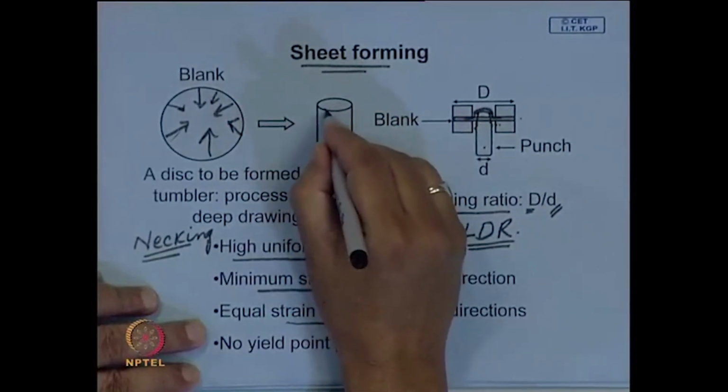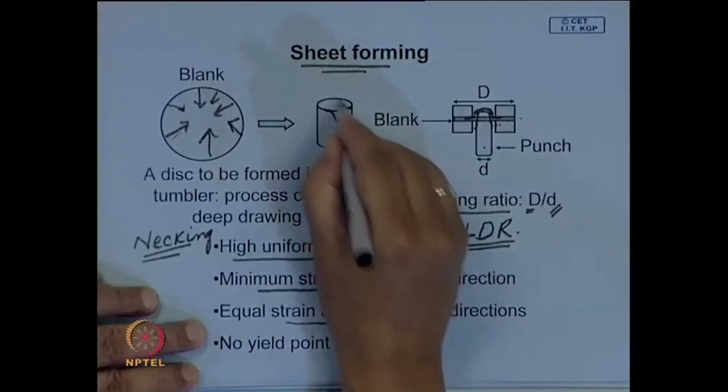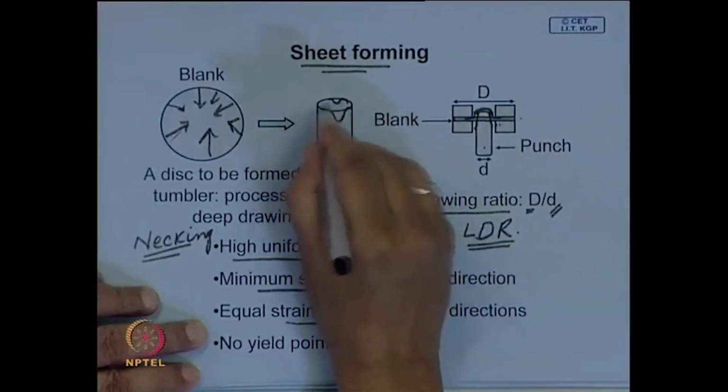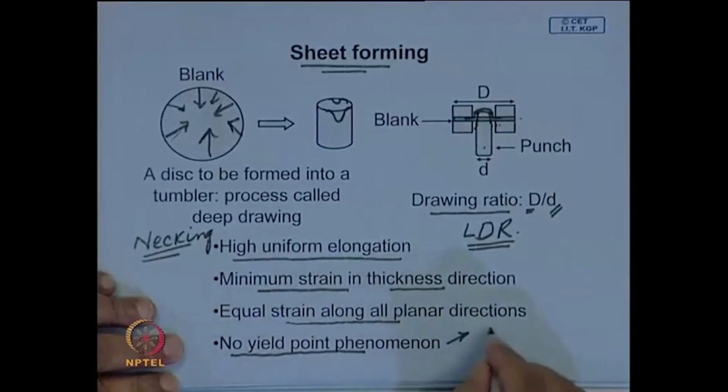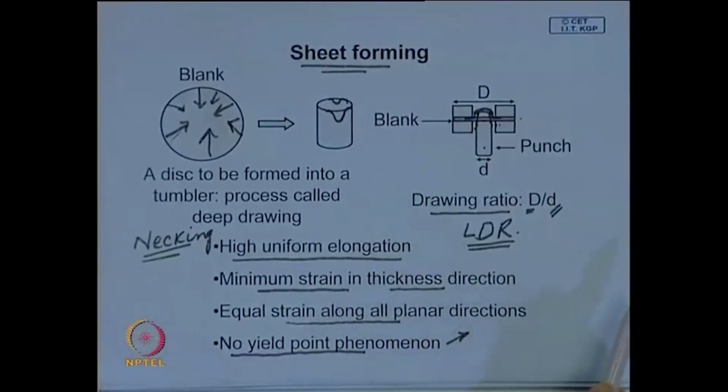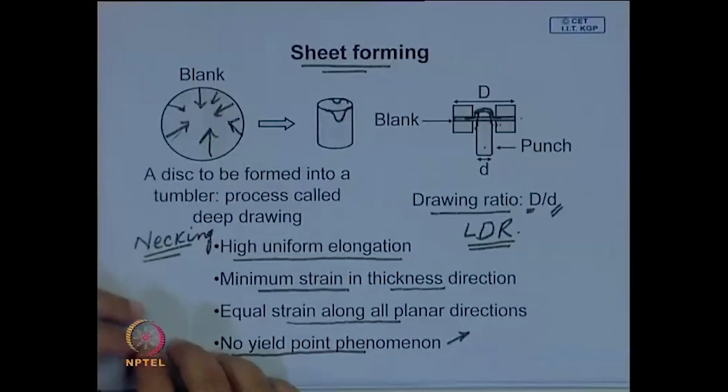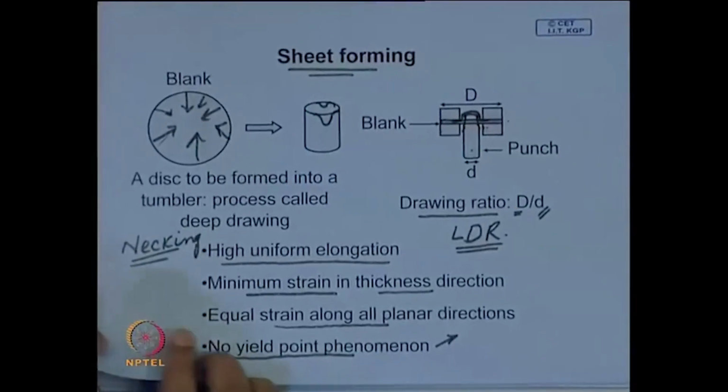Say suppose in this direction you get this kind of a structure, which is called earring. And another important thing is there should not be any yield point. Yield point also gives local deformation, Luder bands form, which leave unpleasant marks on the deep drawn product, which the customer will not like.